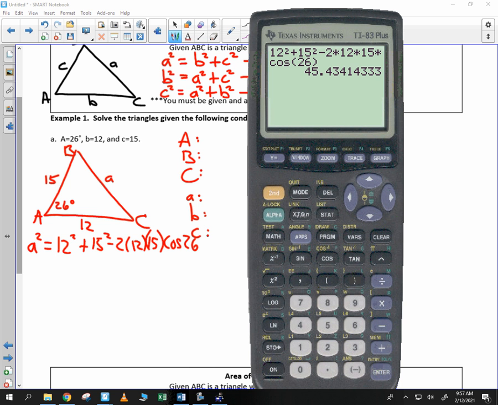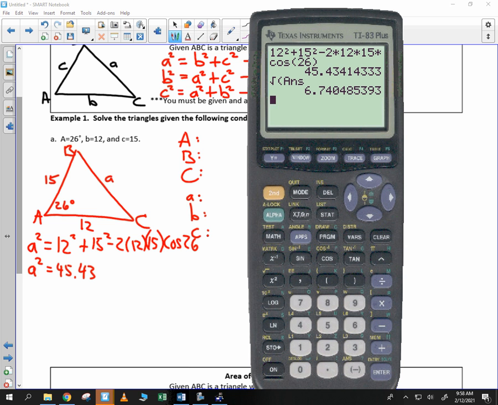And I get 45.43. So that means A squared is 45.43. So now what? Yep, square root. And I get 6.74.